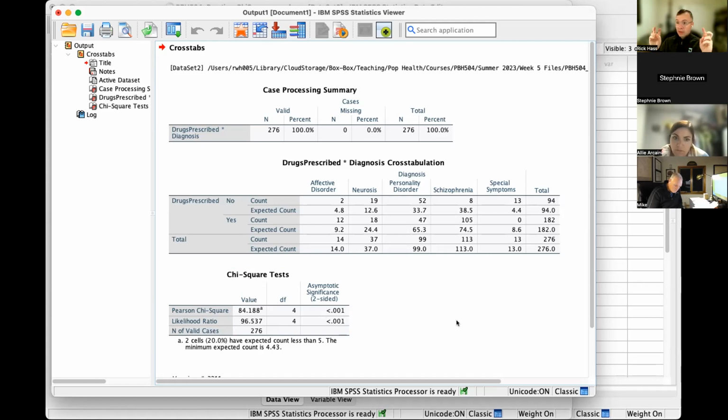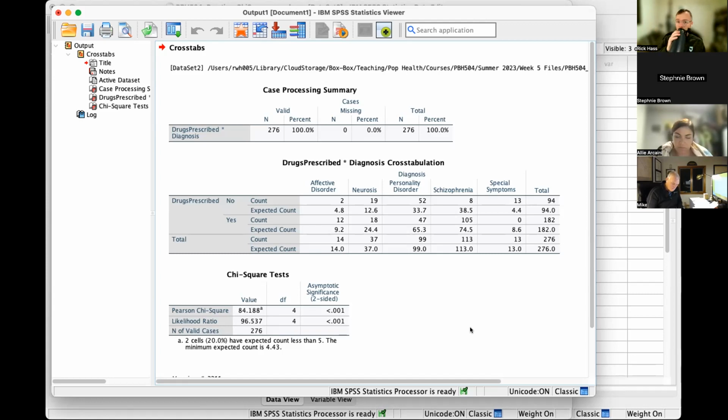We're testing a null hypothesis model. It's a model of the world in which these two variables are not related. The chi-square number is a measure of distance between those two models. So the larger the chi-square, the larger the distance or discrepancy between the null hypothesis world and the world that we sampled our data from. Does that make more sense? Great. That's a great question. Thank you for asking.